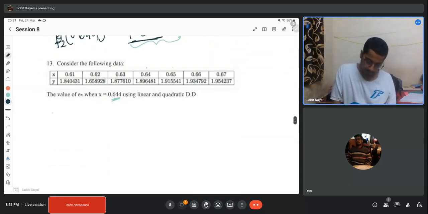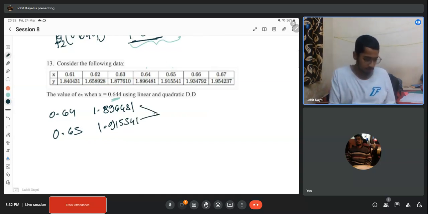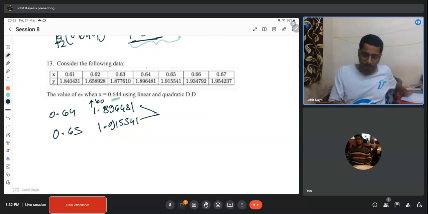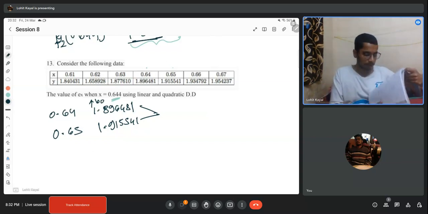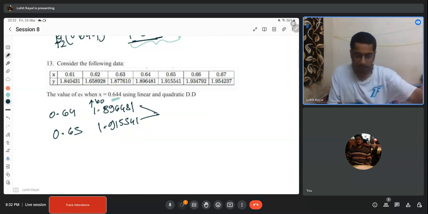So here is 0.64, 0.65, 1.896481, 1.915541. I need to just calculate this value. So this is b naught, and I just need to find this value, which can be very easily done in your calculator. So what is the value?